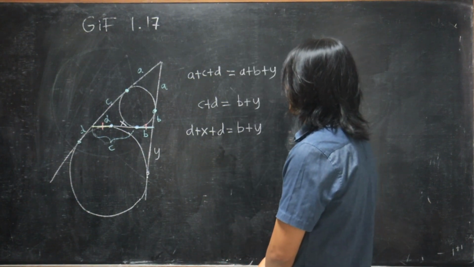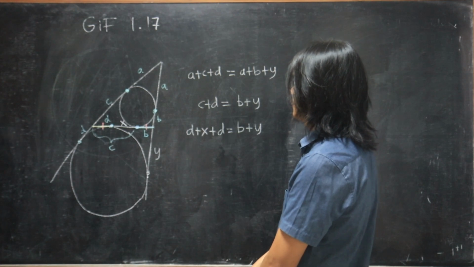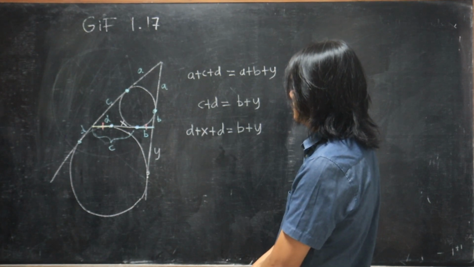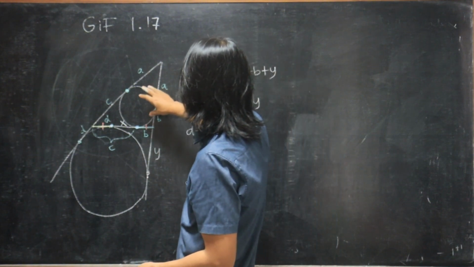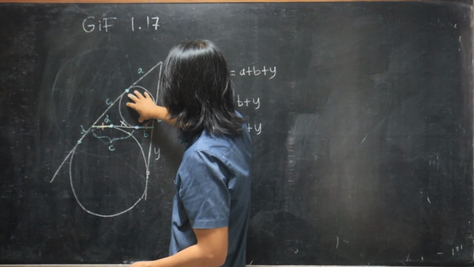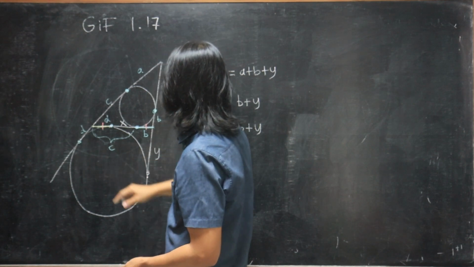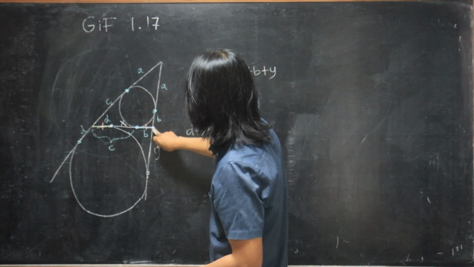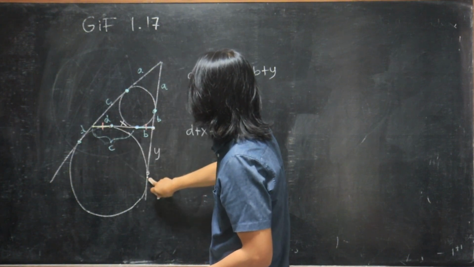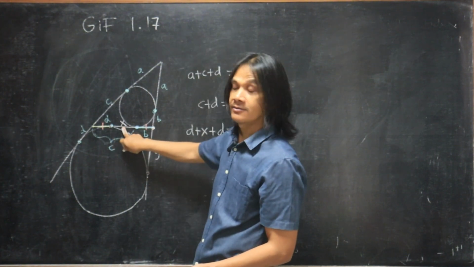Is there anything that we can cancel? Let's see. So we have used the property of point of contact of this circle. How about this circle? If we look at the distance from this point to both of them, we can see that Y is exactly B plus X, right?